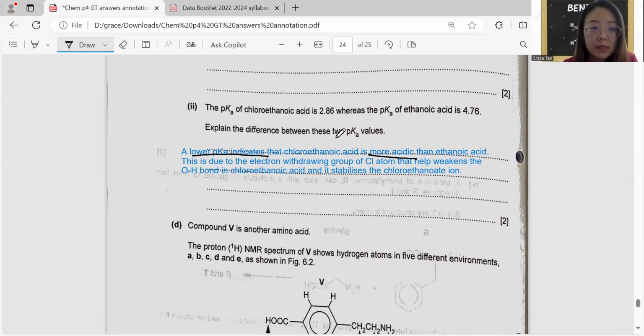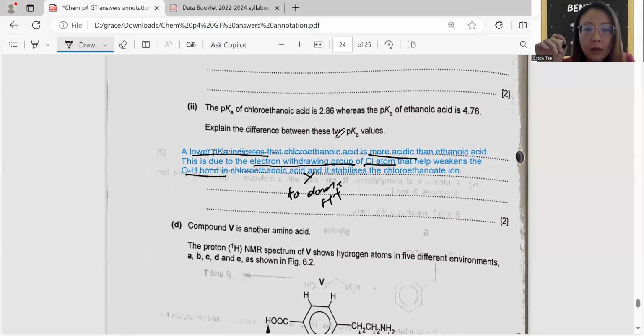Why it is more acidic is because the electron withdrawing group, which is the chlorine atom on the chloroethanoic acid, will help weaken the OH bond to donate H+. After donating H+, it will stabilize the chloroethanoate ion. So that's why chloroethanoic acid is a better acid.